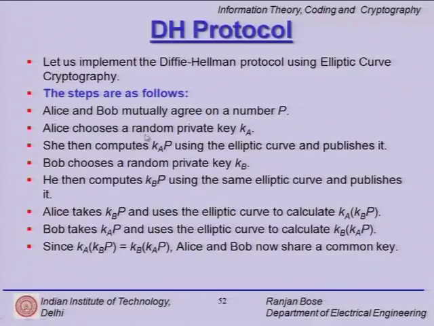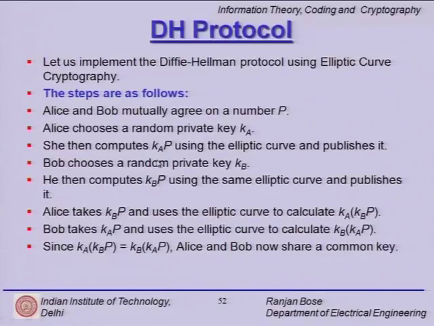Okay. Alice chooses a private key k a known only to Alice, therefore, k sub a, and then computes k a p. Remember, this is the same as a point p added to itself. So, k a p using the elliptic curve, and she publishes k a p, right.